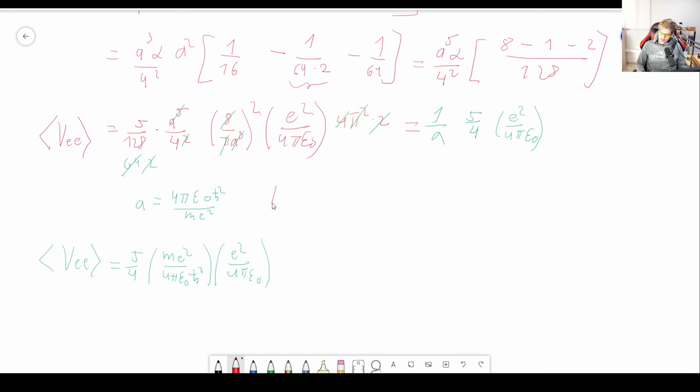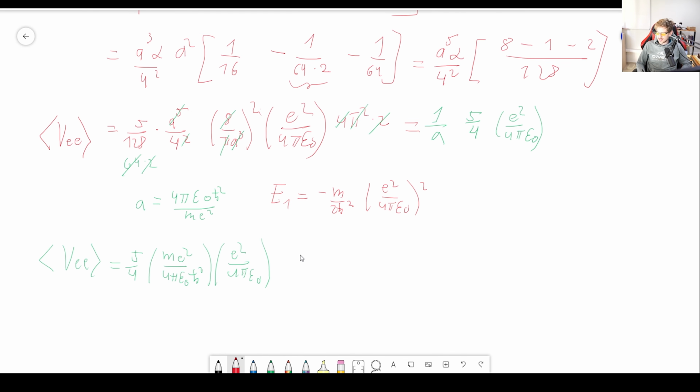But remember that E n, as we saw before, is minus m over 2 h bar squared times e squared over 4 pi epsilon 0 squared times 1 over n squared. But of course, we're dealing with the case n equals 1, so we can just set the n's to be 1.